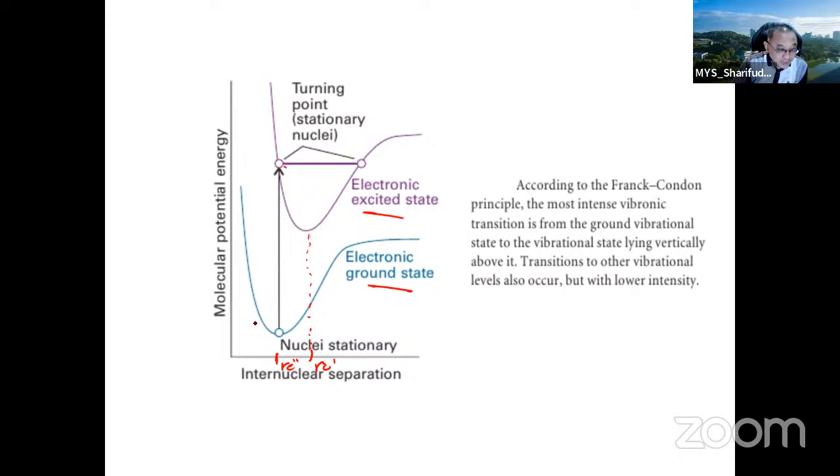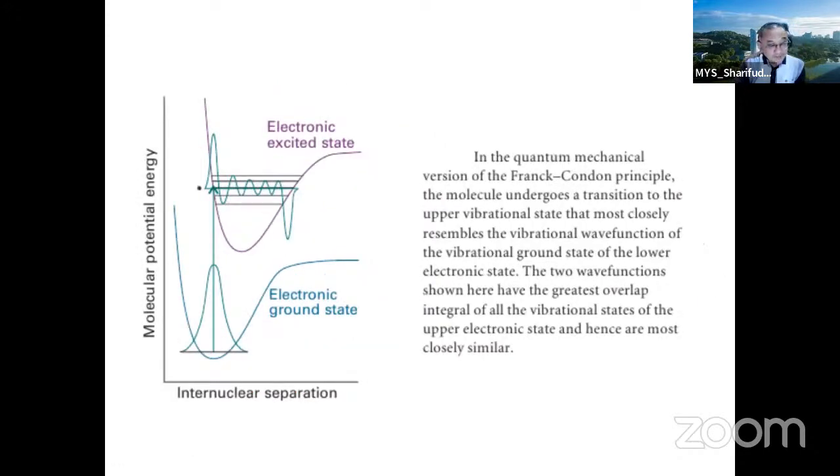So you see that if you have V double prime equal to 0 there, this V prime is probably equal to, I don't know, 6. And this will reflect on the spectrum that you see, which we will look at later on. Right.